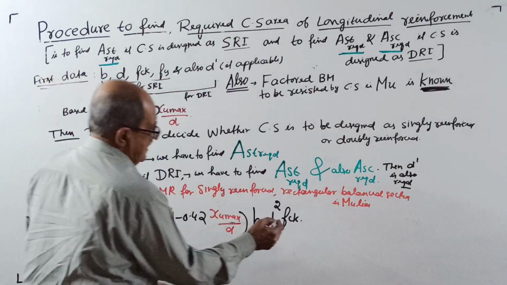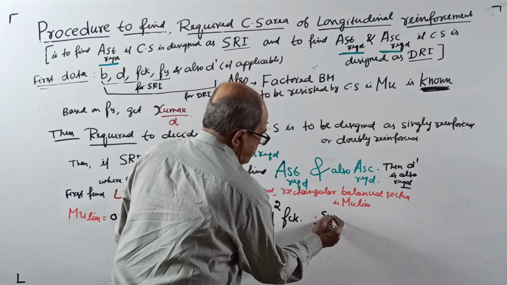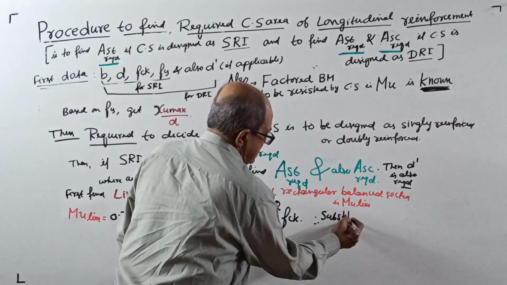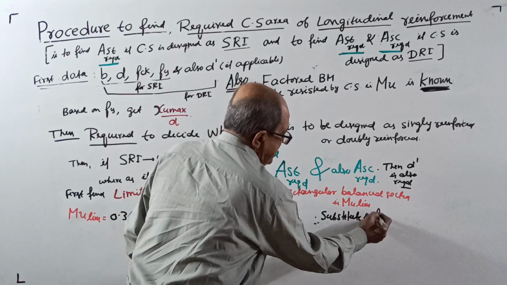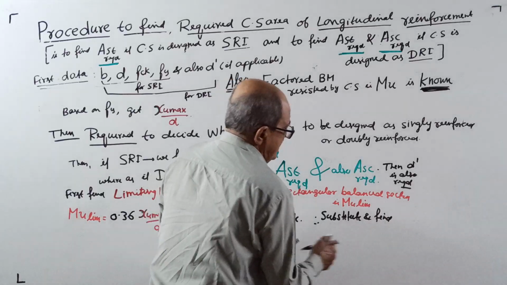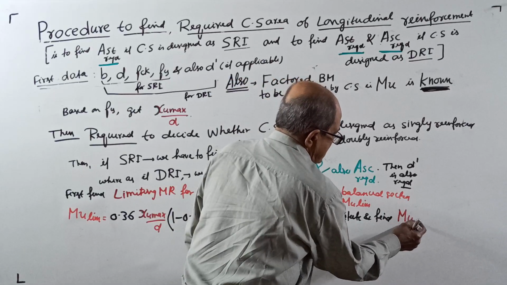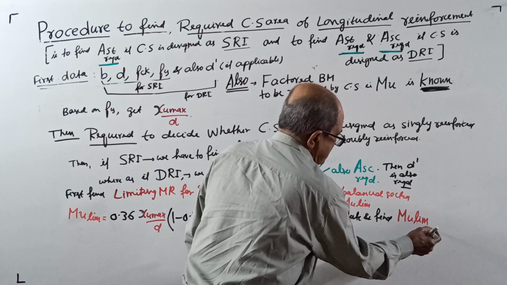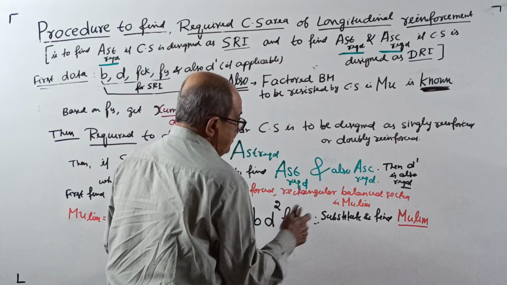Okay, then substitute and find MU limit.